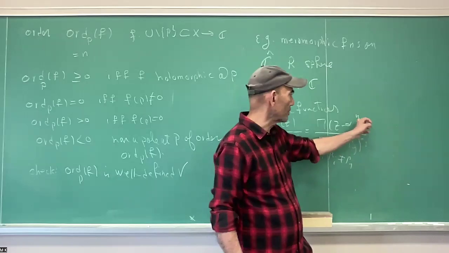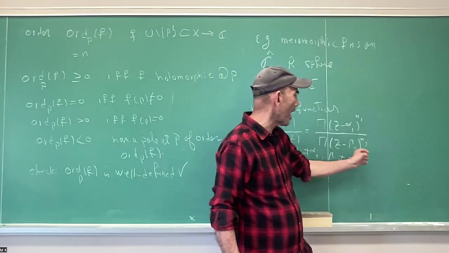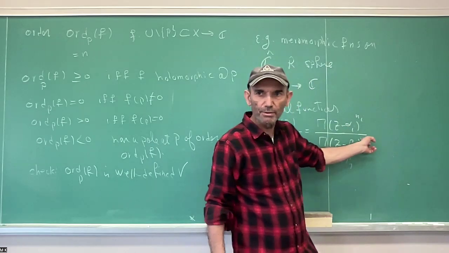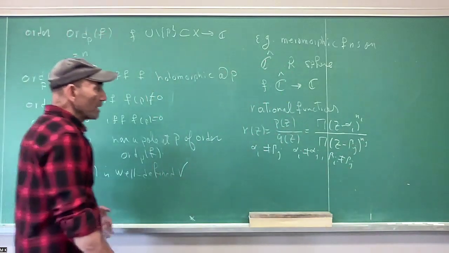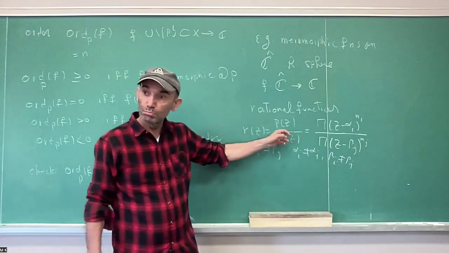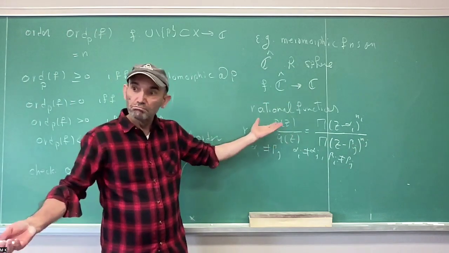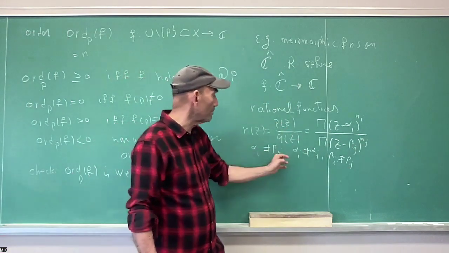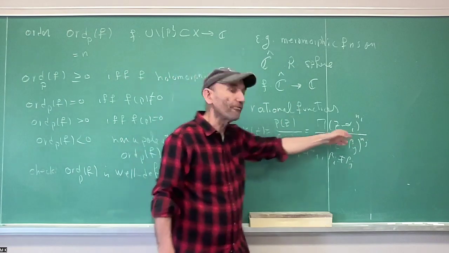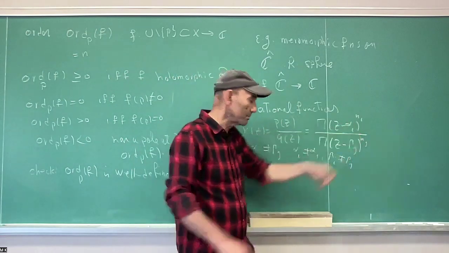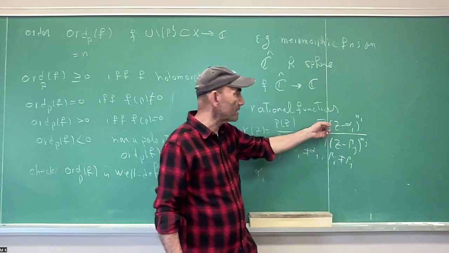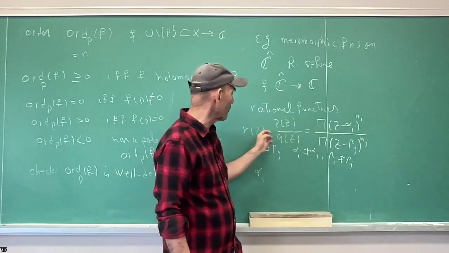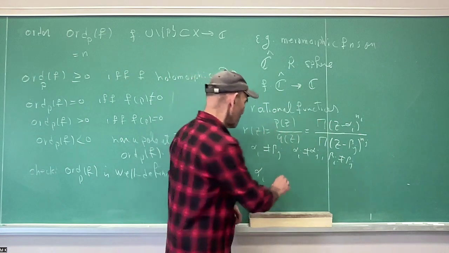Alpha_i has multiplicity n_i, beta_j has multiplicity m_j. So what are the zeros of this function now? These points alpha_i are the zeros, right? And what is the order of this function at alpha_i, at this zero?